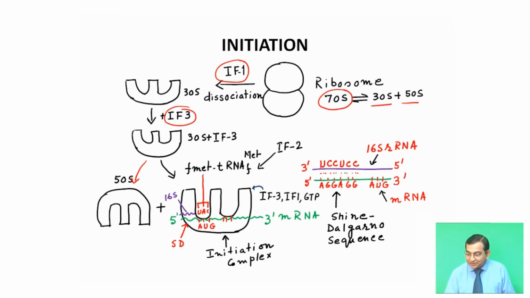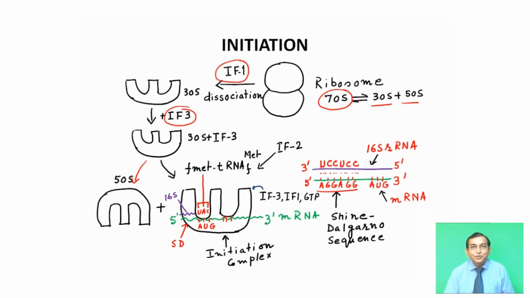Now, to the 30S subunit, mRNA is attached, and this mRNA binds with the 16S rRNA of the 30S ribosome. The binding takes place at a purine-rich sequence, AGGAGG.